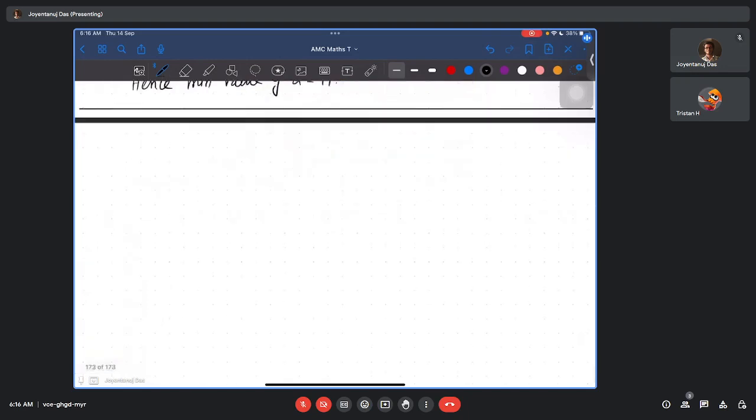So next one is: how many perfect squares are there between 6 to the power 4 and 4 to the power 6, excluding the boundary values?